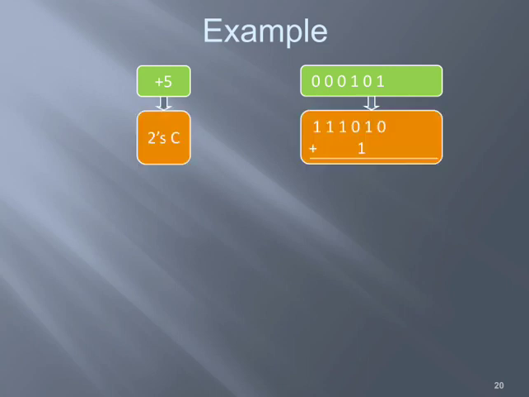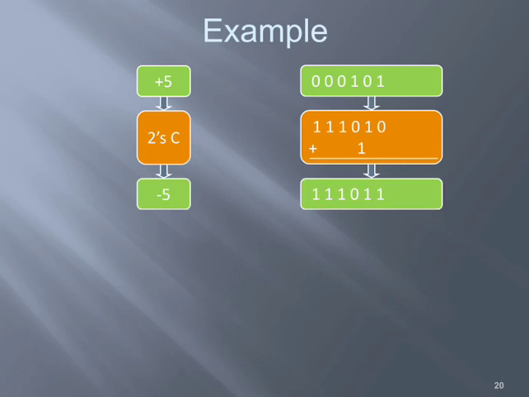What will happen? Plus 5 means 000101. To this, first you need to do 1's complement, that is 111010. To this, add 1. The result will be 111011, which is nothing but minus 5. So for a positive number, if you do 2's complement, you will get a negative number.